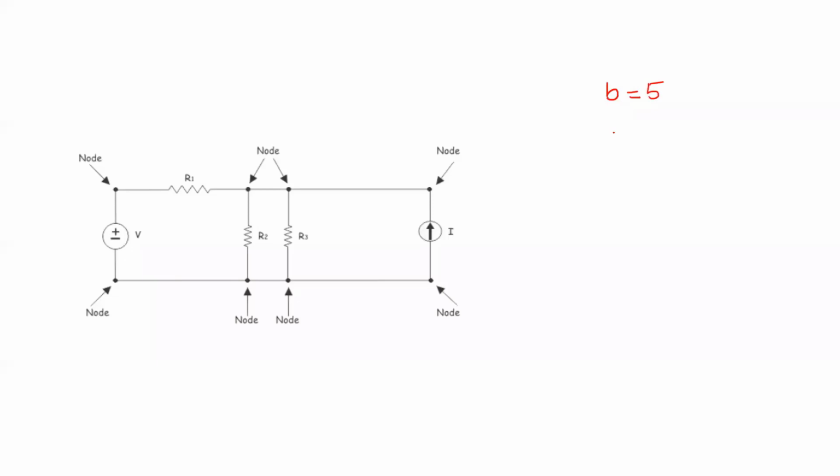Number of loops. A loop is a closed path in which, other than the starting node, none of the nodes are repeated.